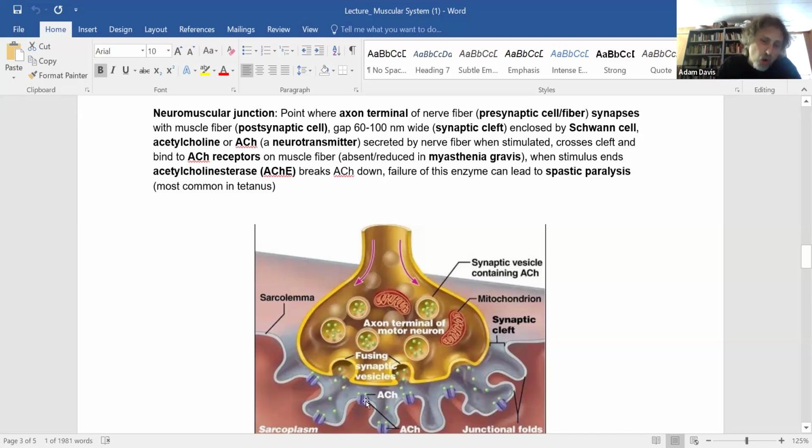You can see that all throughout its surface, those little tube-looking things, those are ACh receptors. Those are receptors for signals from the nerve.